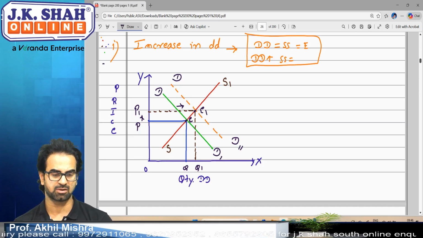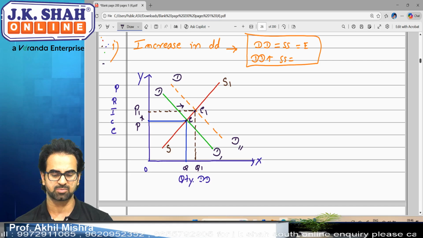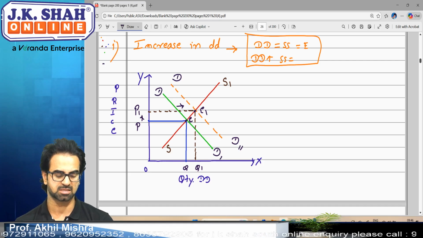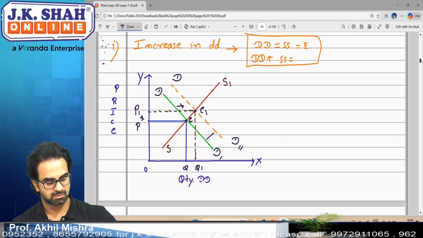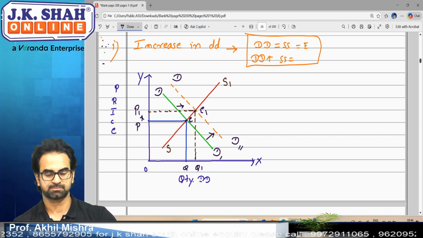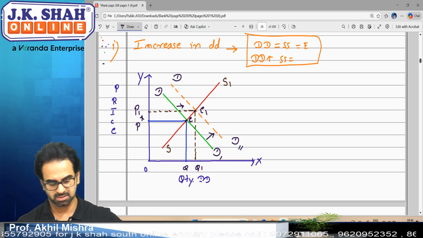The question is asking to increase the demand, not price, not supply. Supply is constant SS1, but demand increases from DD1 to D dash. You see the arrow movement. You understand? Yeah, please copy this.